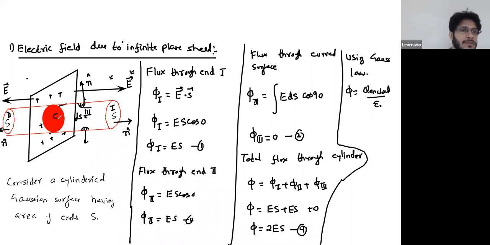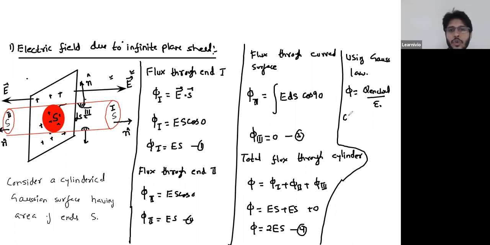And the charge over this portion is Q enclosed, because Q enclosed is the charge inside the cylinder. Charge is distributed over the sheet. So the portion of the sheet which is inside the cylinder is this S. This area S of the sheet is inside the cylinder.